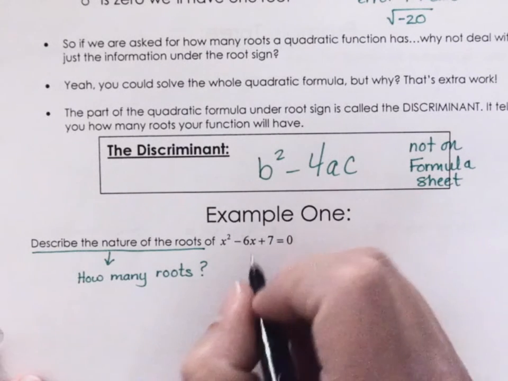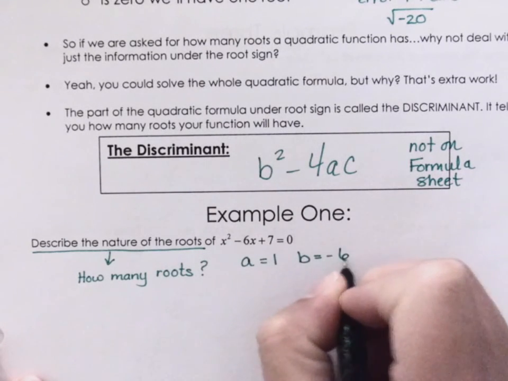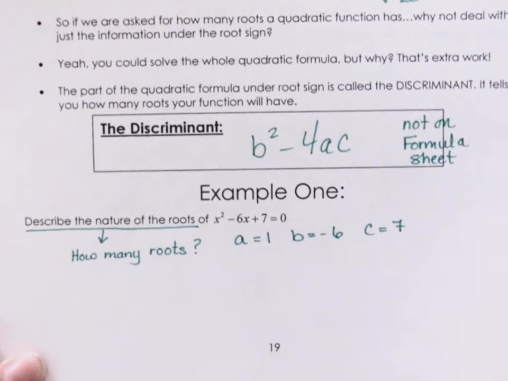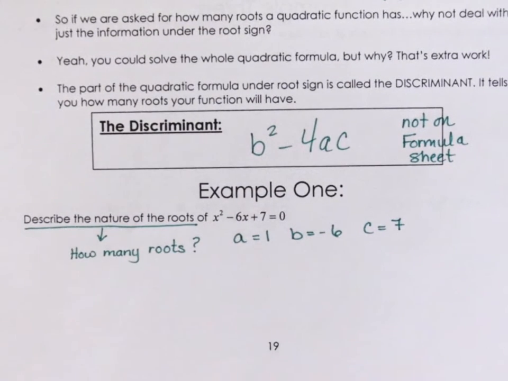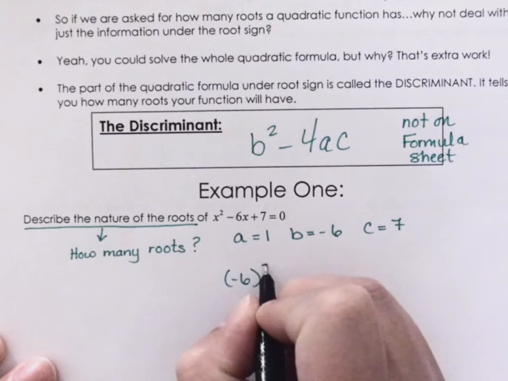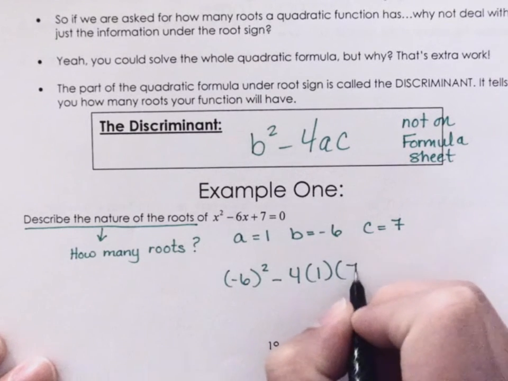So again, I'm going to start this with a is 1, b is -6, and c is +7. Let's use just the discriminant. So we're going to have -6 squared minus 4 times 1 times 7.